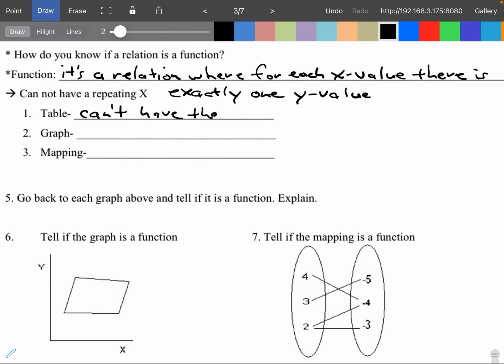So on a table, let's see, how do I describe this? On a table, you can't have the same x value. Okay? So for a table, I'll put an example over here on the side.